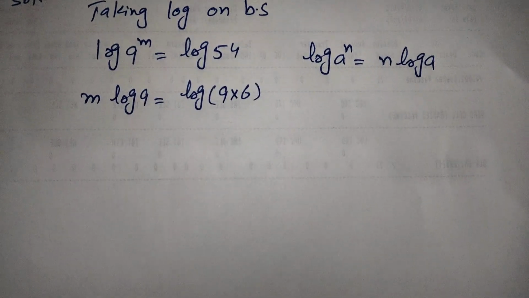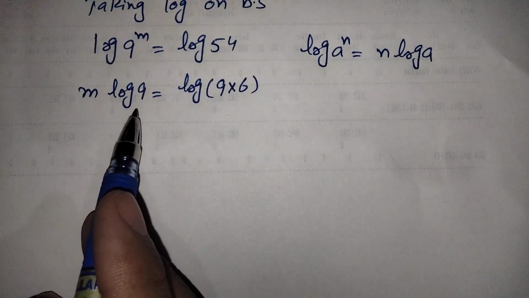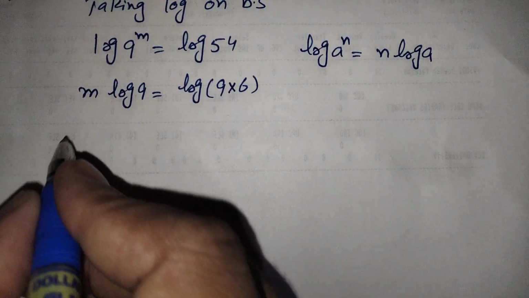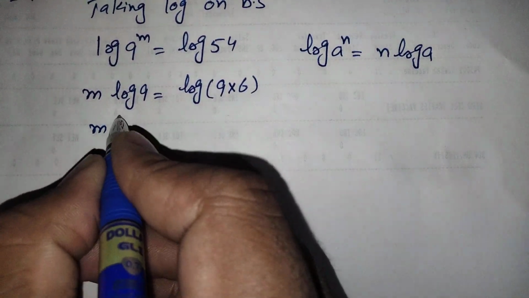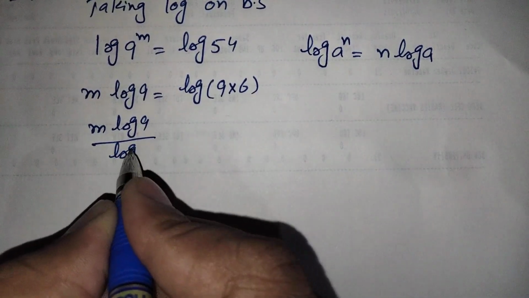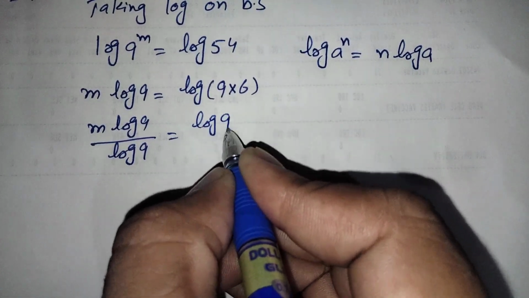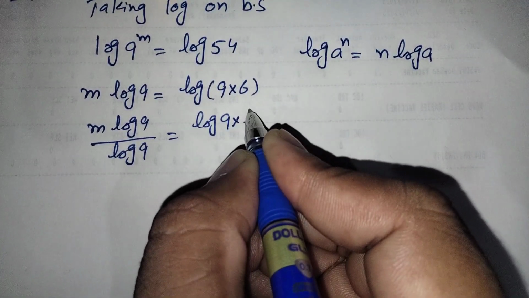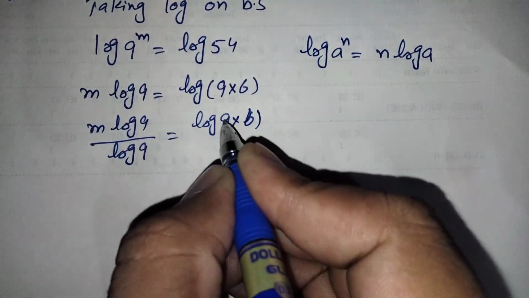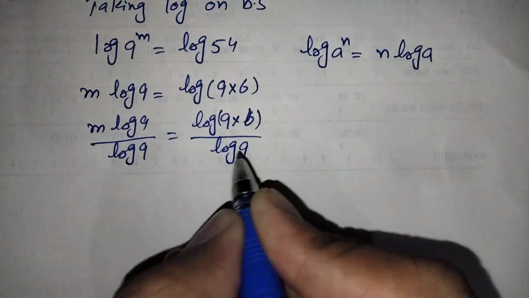So now simplifying this, we will divide both sides by log of 9 and we will get m into log of 9 over log of 9 is equal to log of 9 multiplied by 6 over log of 9.